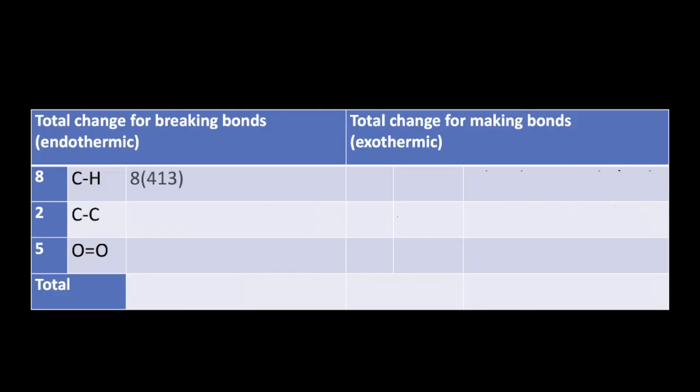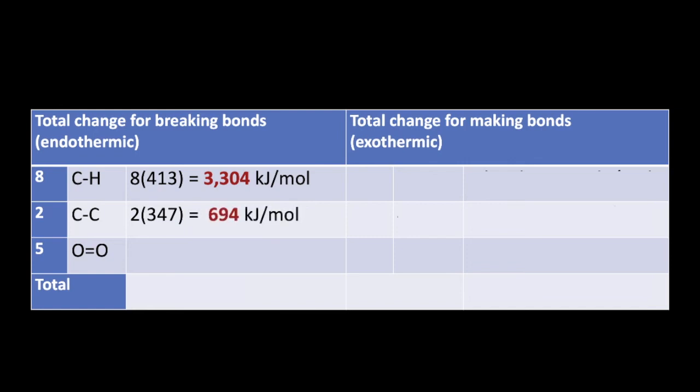We have 8 CH bonds, so we're going to multiply 413 kilojoules per mole by 8, and that will give us 3,304 kilojoules per mole. We have 2 carbon-carbon bonds, so we're going to multiply our bond enthalpy by 2 to give us 694 kilojoules per mole.